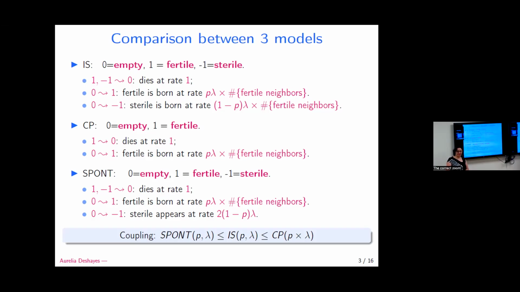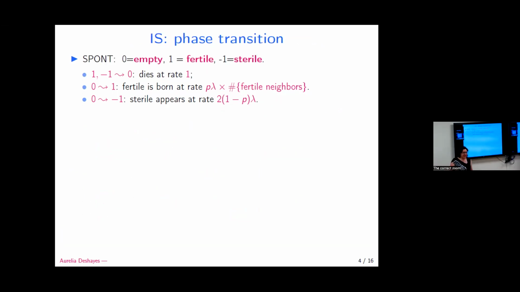Okay, but you have to study first its behavior, and then we can try to make a comparison between the CP and the IS. So I have one question. The 2 here is because you're in dimension 1? No, it's 2D, in dimension D. But I will use it only in dimension 1. My result is only in dimension 1, but for the moment, the definitions are all valid in dimension D. But for the coupling, you need 2D. Yeah, it's 2D.